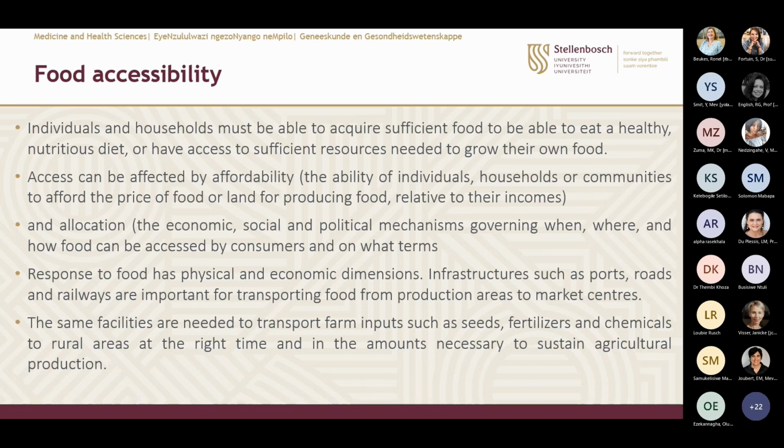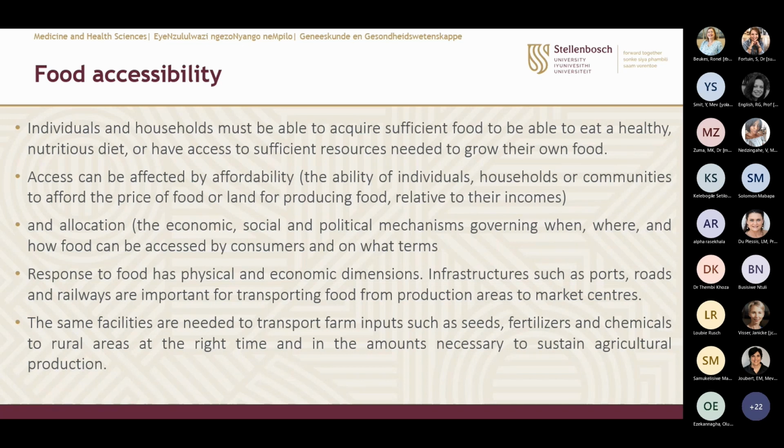Because of climate change, we cannot easily do this, where we want people to grow their own food rather than depending on markets. It's actually affected. So access can be by affordability or by allocation, and the political mechanism governing when and where and how food can be accessed by consumers and on what terms.